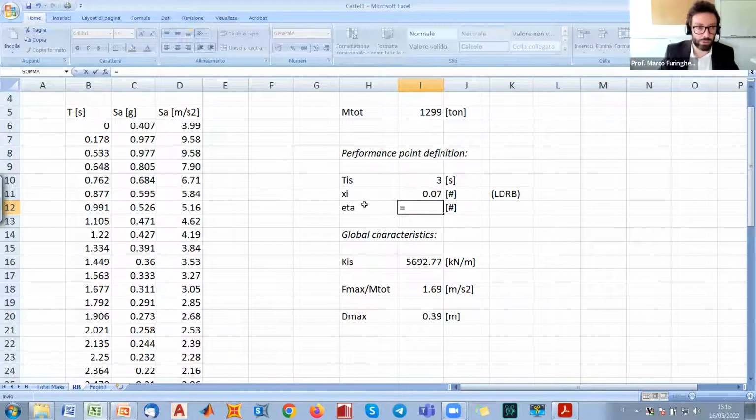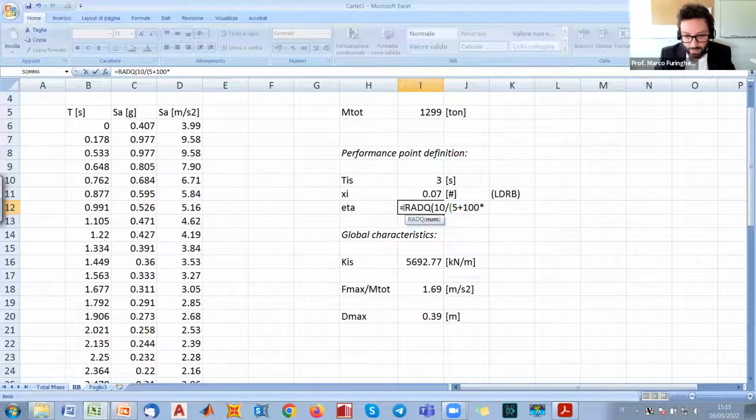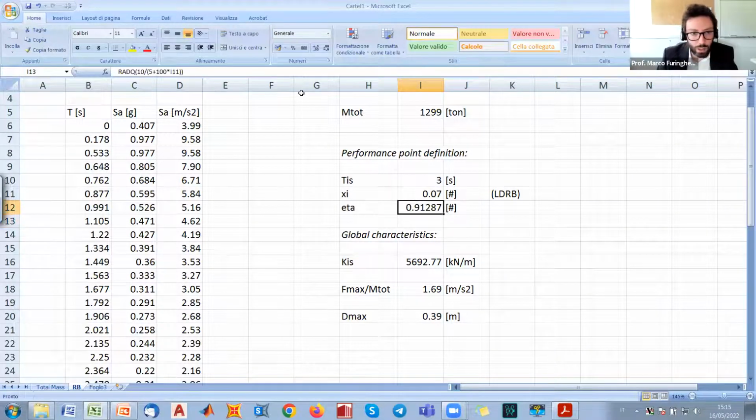This is according to the Italian building code, the square root of this expression in Italy: 10 divided by 5 plus 100 times the damping. You see, this is an expression where the damping should be considered as a percentage and not as a number. So we have 91%.